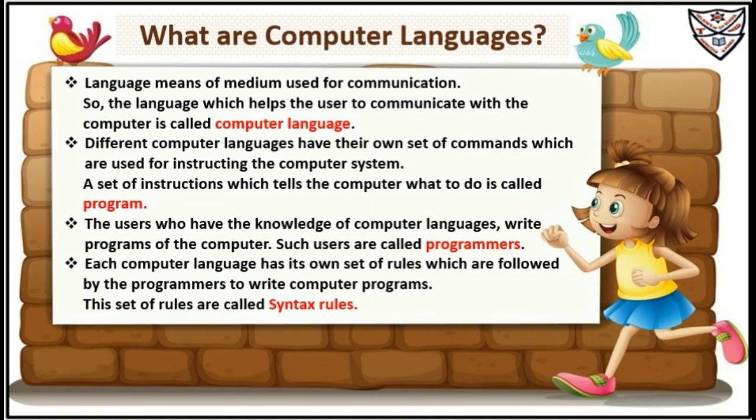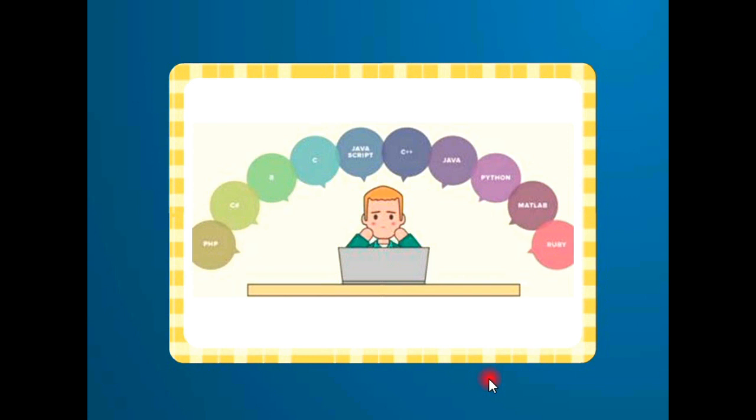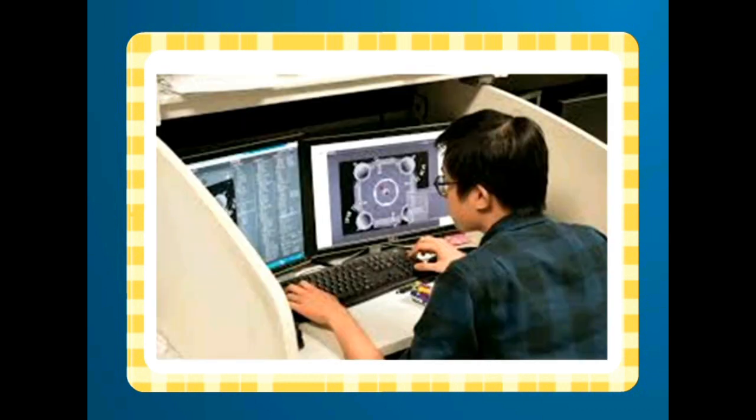What are computer languages? Language means a medium used for communication. So the language which helps the user communicate with the computer is called computer language. Different computer languages have their own set of commands which are used for instructing the computer system. A set of instructions which tells the computer what to do is called a program.